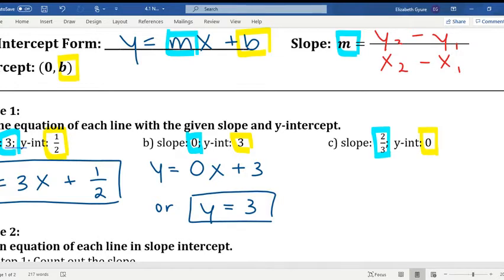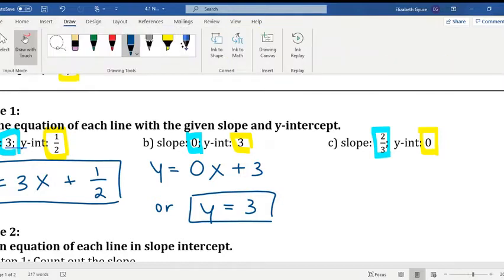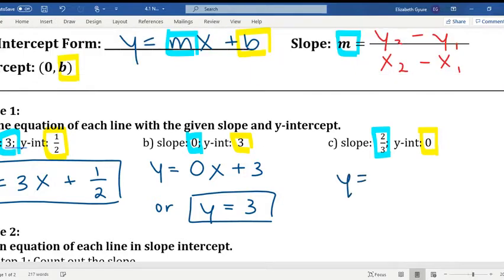Okay, slope is m, and y-intercept is which letter again? The b. All right, so you'll have y equals m, which is your slope. What's your slope? 2 over 3, and then what do I put next to that? X, and then plus 0.